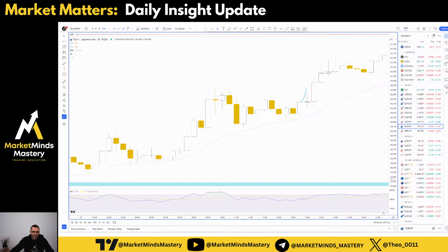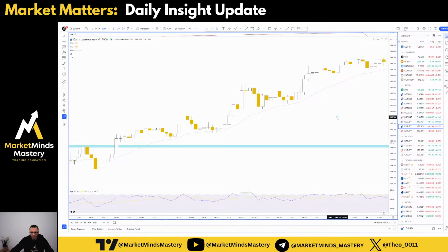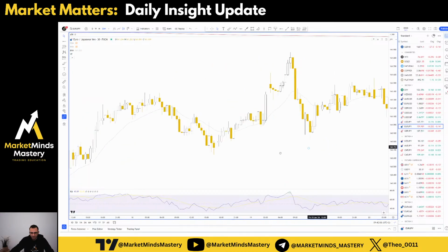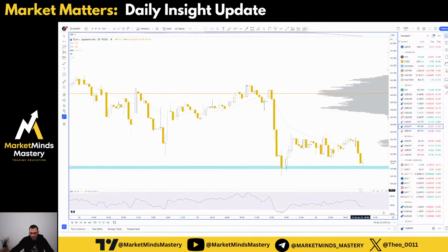Okay, again, everything is based on probabilities, to avoid any misunderstanding. We can find hammers that work, and bullish engulfings that work. We can also find hammers and bullish engulfings that didn't work. So it's nothing for sure and guaranteed all the time.